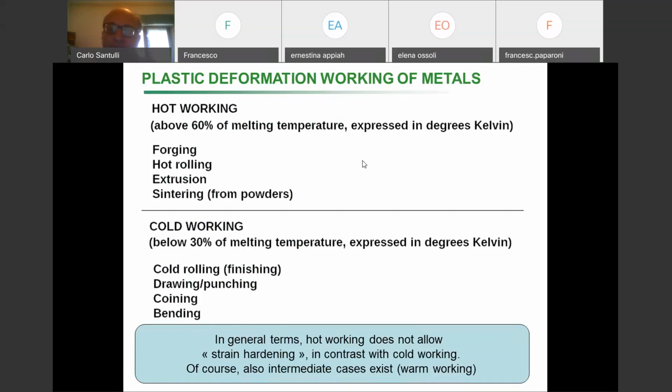Some are very popular and quite important in metals. For example, coining, or drawing and punching, which involve some deformation, but not a large modification of the structure of the material. So we are not changing the geometry hugely.